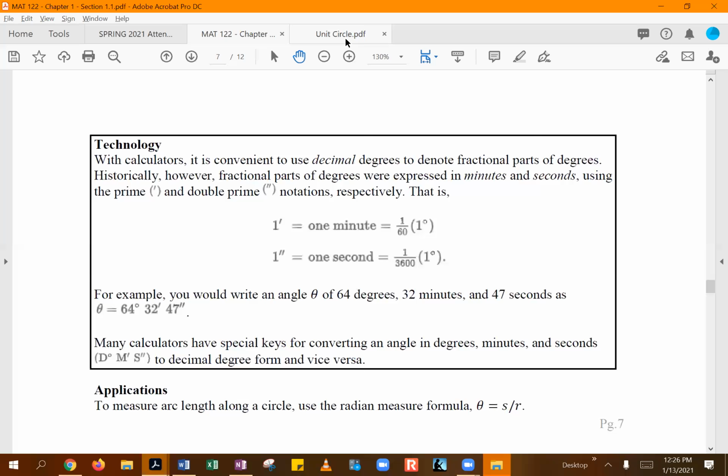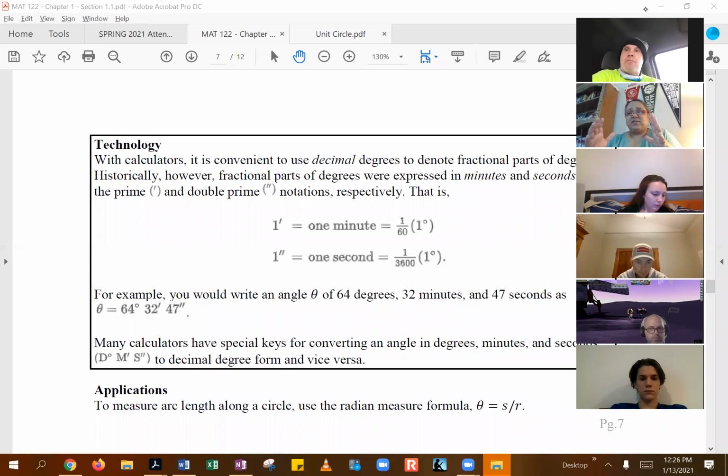And a lot of times we break down our degree answers further into fractional parts. We're not always going to have nice, clean answers, especially in real life. You're not going to get just a 20-degree angle. It may be 20 point something left over.